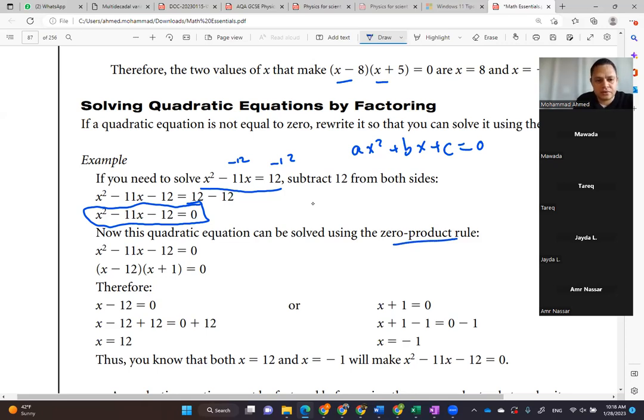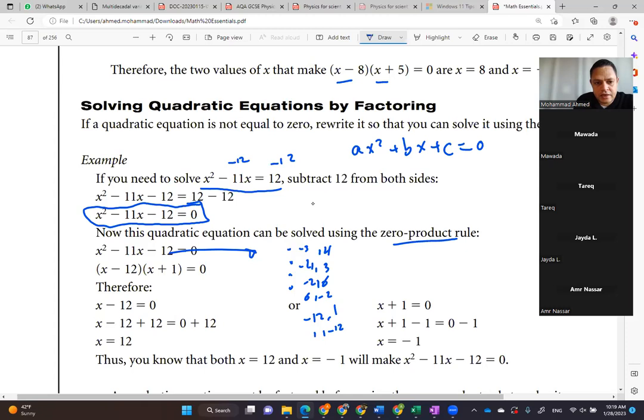But after we factor. Do you remember what we did in the factoring last time? We take this constant and list all possible pairs that multiply to -12, which are -4 and 3, 4 and -3, -2 and 6, 6 and -2, -12 and 1, and 1 and -12.